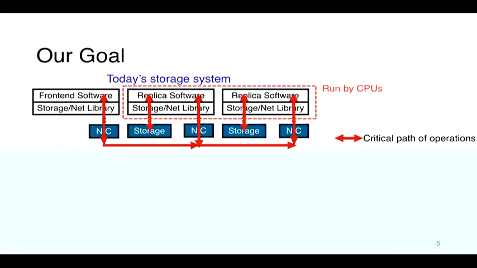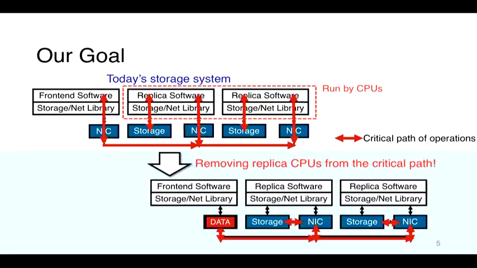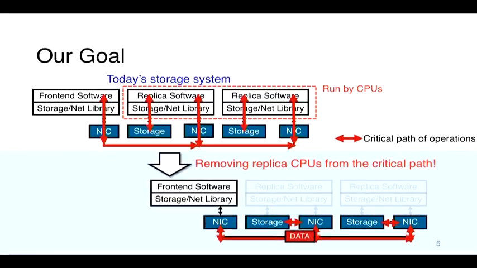So our goal is to improve the latency of replicated storage systems. Ideally, we want to remove the replica CPU from the critical path and offload the operations to the NIC and storage.